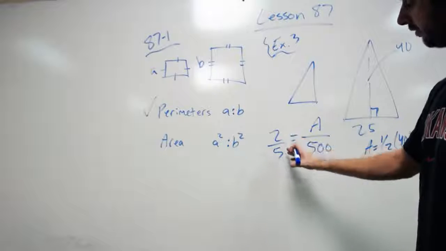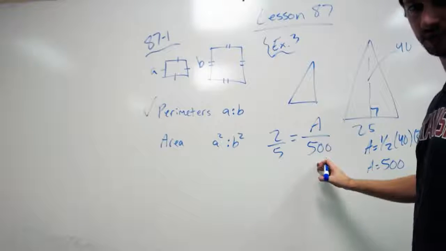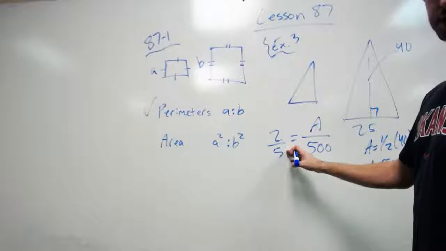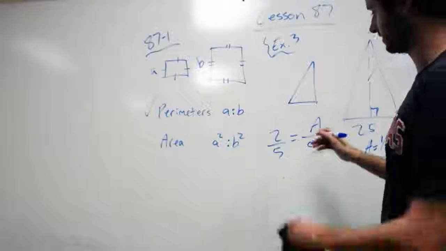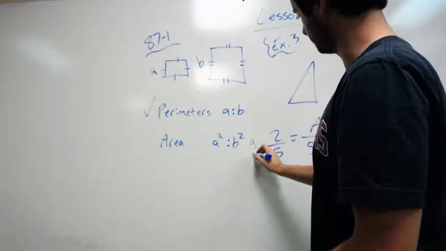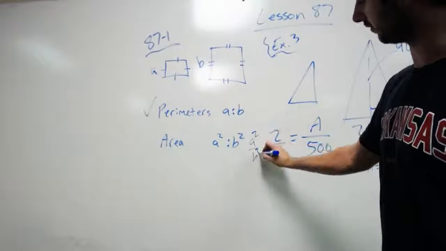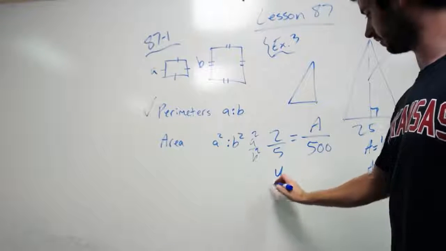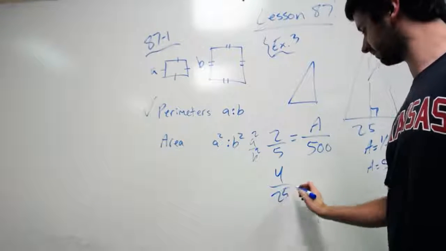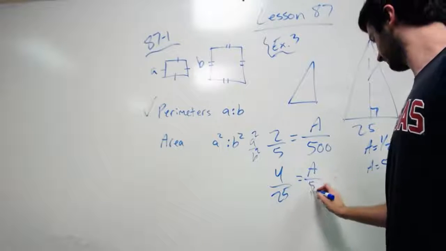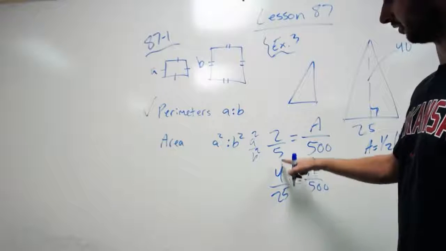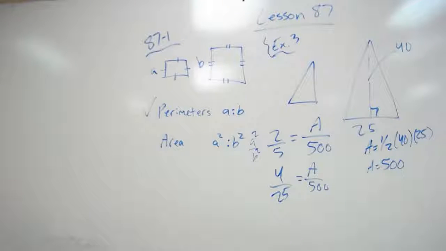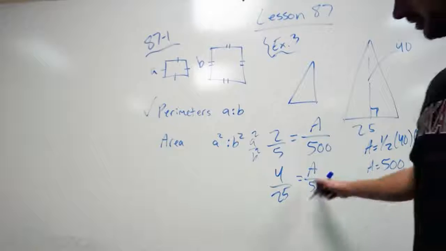That would be A over B equals A over B. What I need to do is square my ratio, because this is not just A over B, it's A squared over B squared. So our ratio would actually be A squared 4 over B squared 25. 2 squared is 4, 5 squared is 25.